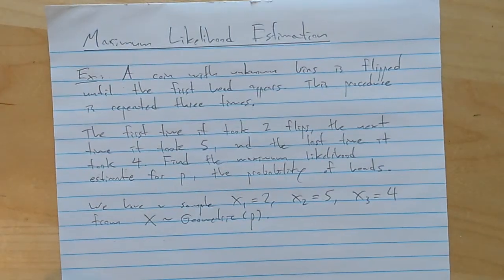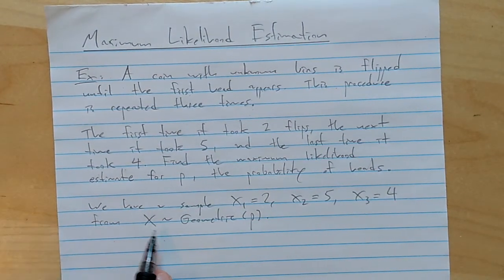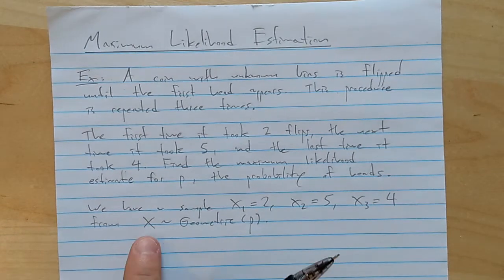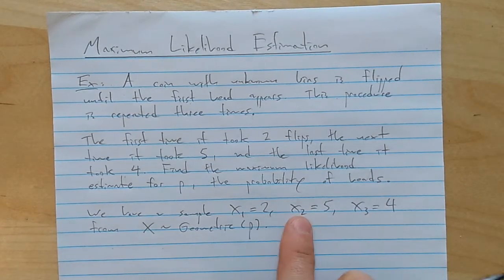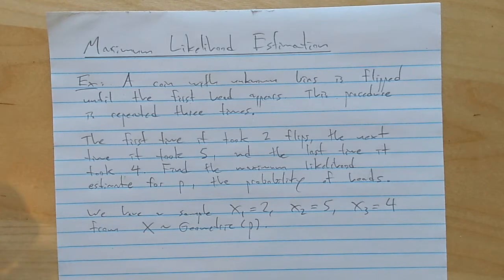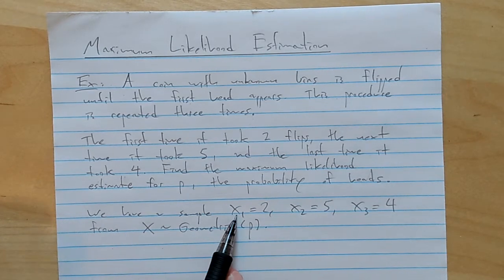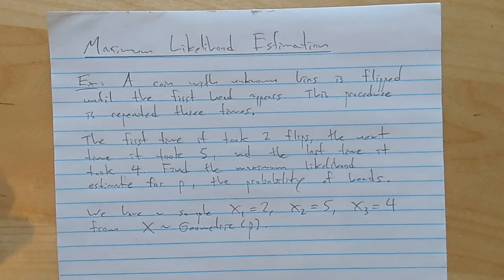That's the usual notation: you use capital X for the random variable of the distribution you're sampling from, and x1, x2, x3, and so on to represent the first sample value, the second sample value, the third sample value, etc.